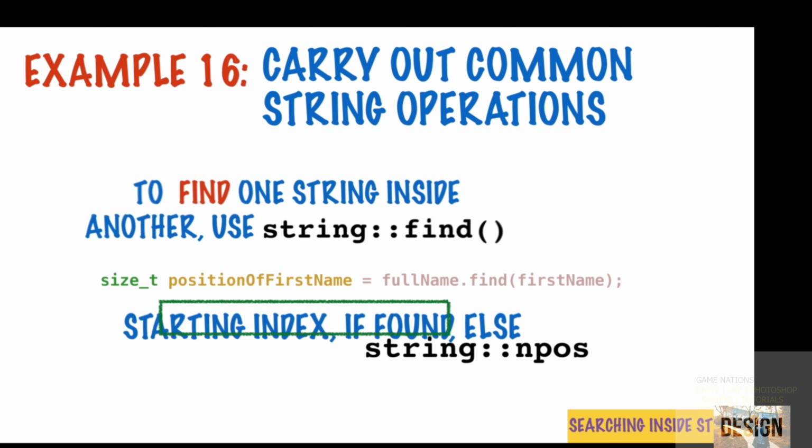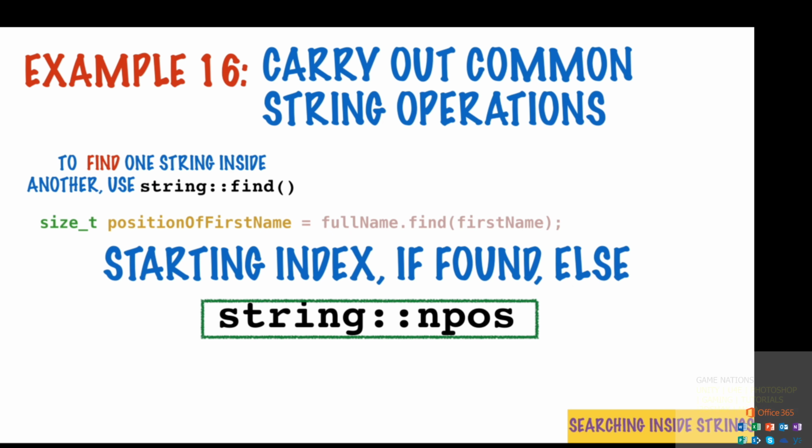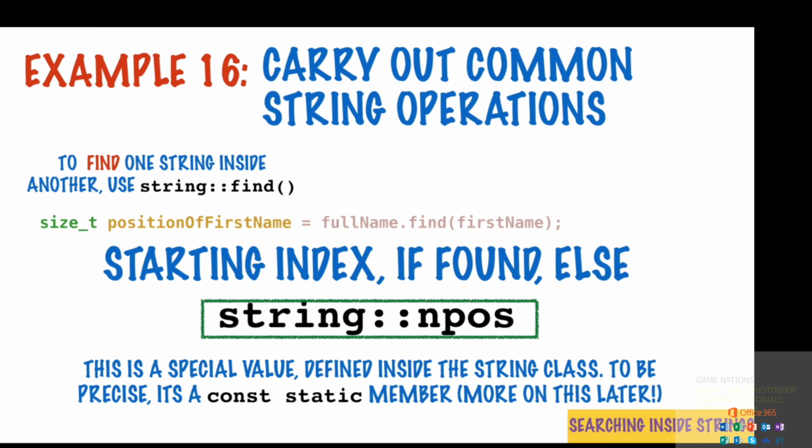Now, this brings us face to face with a string specific constant. This is a const static member of the string class, which we'll talk about later. But for now, just remember that this is effectively like a hash define. This is a special value. We should always check for this special value when we search for one string inside another. This is yet another example of how C++ is just so much tighter and safer than C. In C, all we'd have done in an operation like this is check whether the returned value was less than 0.